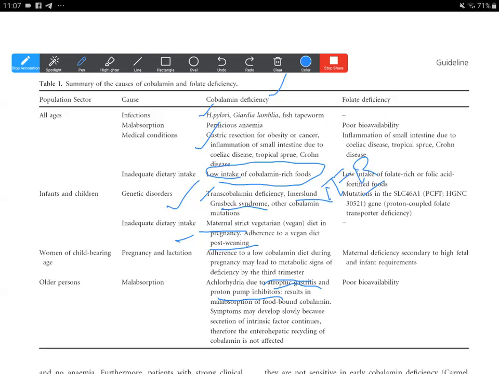Here also the symptoms will develop slowly because secretion of intrinsic factor continues, despite the fact that the gastric mucosa has become atrophic, or there are proton pump inhibitors inhibiting the action of gastric acid. So therefore the enterohepatic recycling of cobalamin is not affected, and therefore the intrinsic factor, although at a lower rate, may continue to be still secreted.